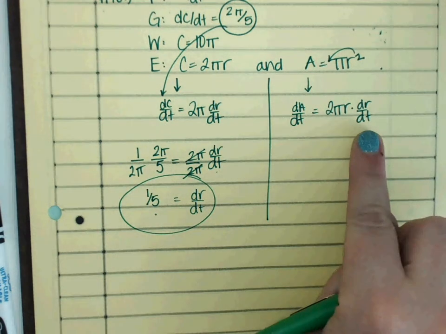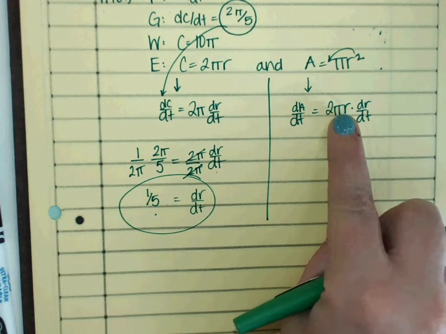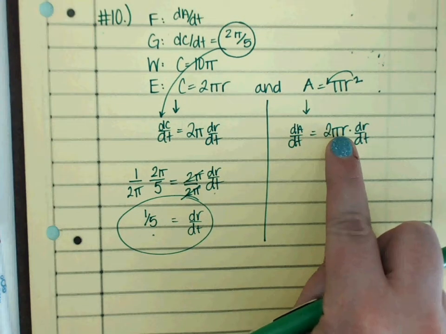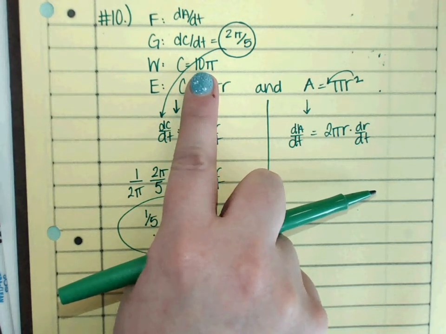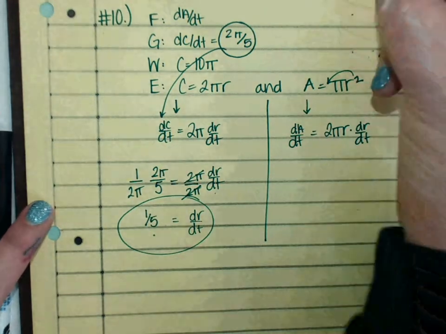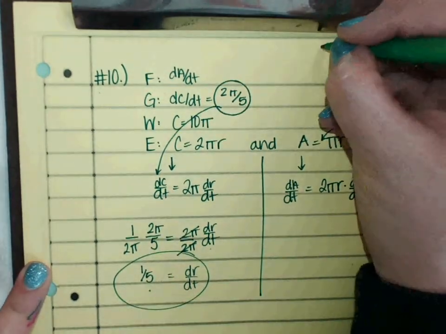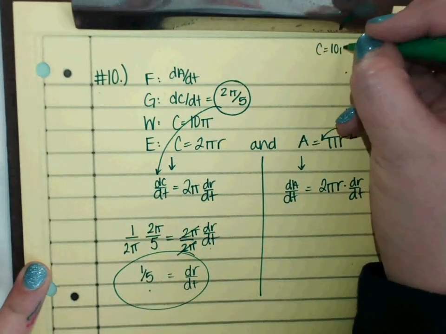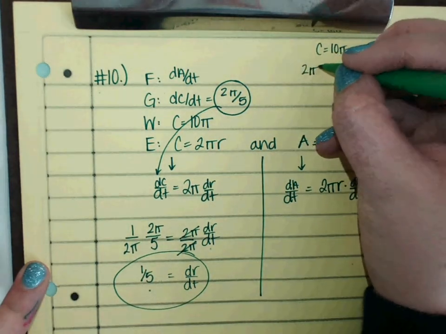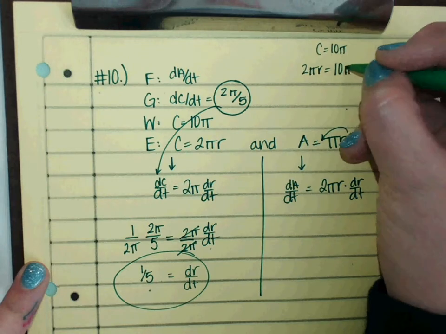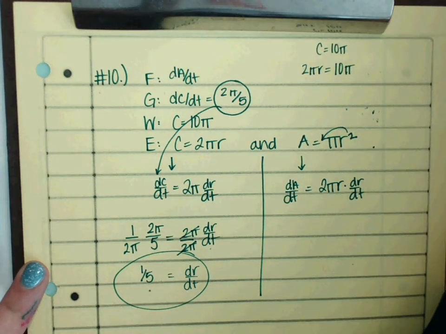What else do I need besides dr/dt? Regular r. They didn't tell me a regular r, but what did they tell me instead? Circumference is 10 pi. If circumference is 10 pi, what is the circumference formula? If 2 pi r is 10 pi, then what's r?